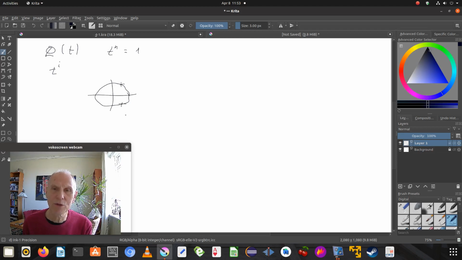It's actually a point on the circle all of these lie. So we are in the complex plane generally. So we embed this in the complex plane.